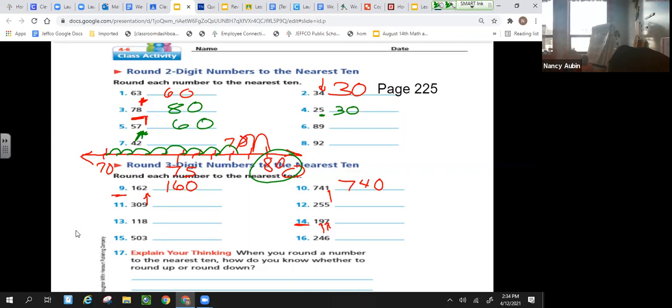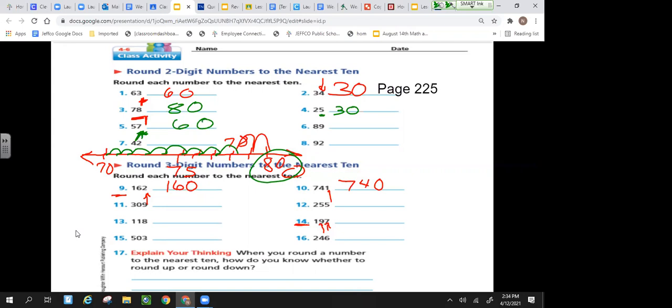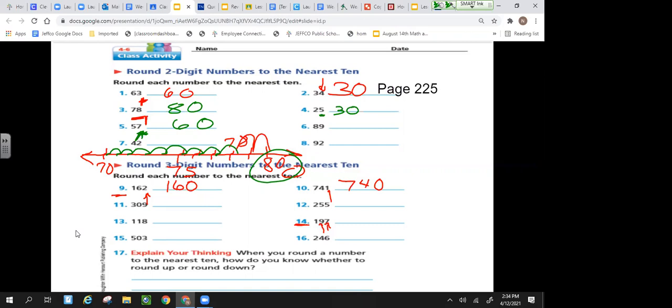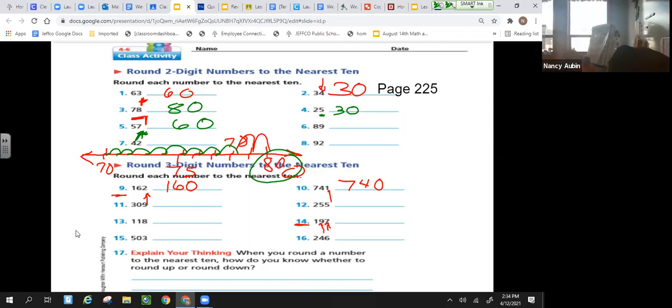It's okay. The number is 60. How do you know? Because if it's 5 or over, you take it up. But if it's 4 or lower, you take it down. I like that you knew it was between 50 and 60, right? If you were to draw a number line, it would be between 50 and 60.